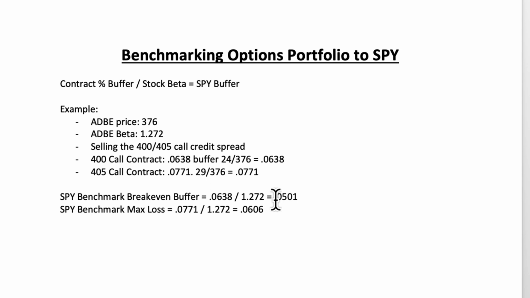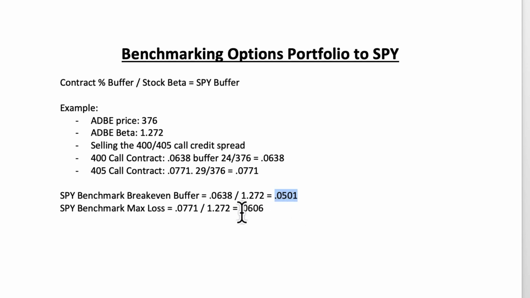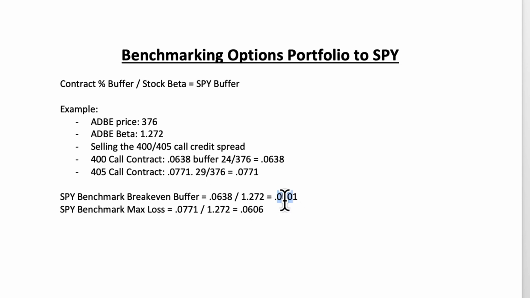This is basically very simply telling us that between a 5% and 6% upward move on the SPY is going to start hitting our Adobe position. Okay, it's not guaranteed, but according to the stock's beta, the sensitivity of Adobe to the SPY, if the SPY were to move up between 5 and 6%, we could potentially see our max loss on our Adobe position.